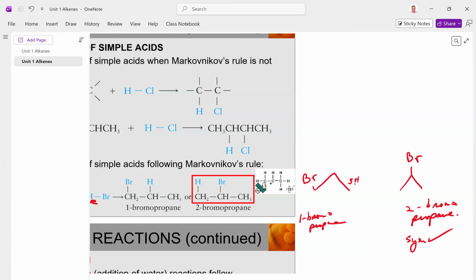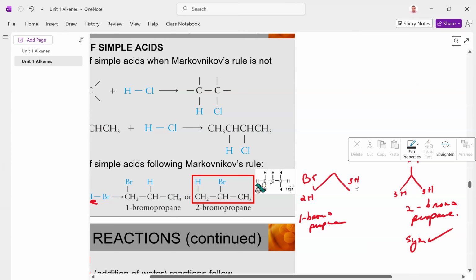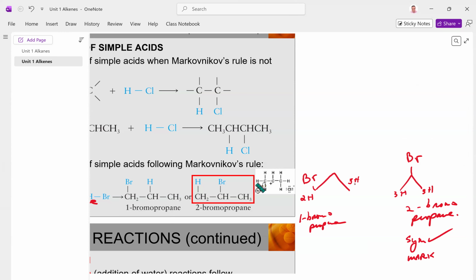How many on the other side? 2. Here we've got 3 and 3. So Markovnikov has more terminal hydrogens, so it's also more stable.